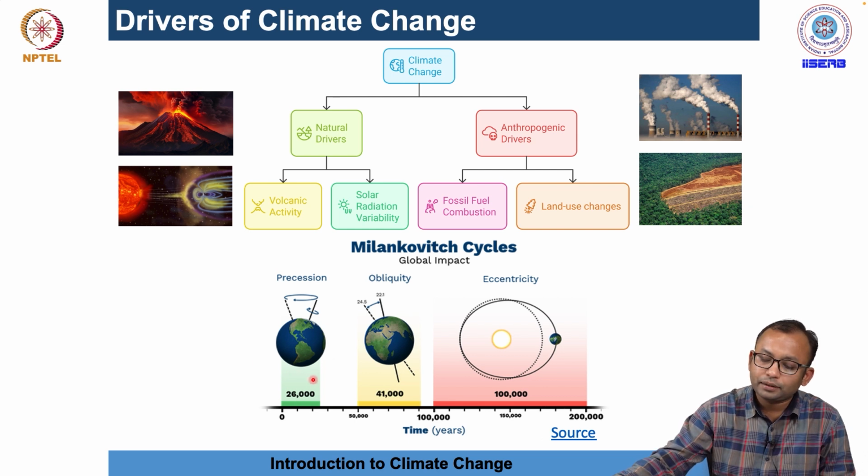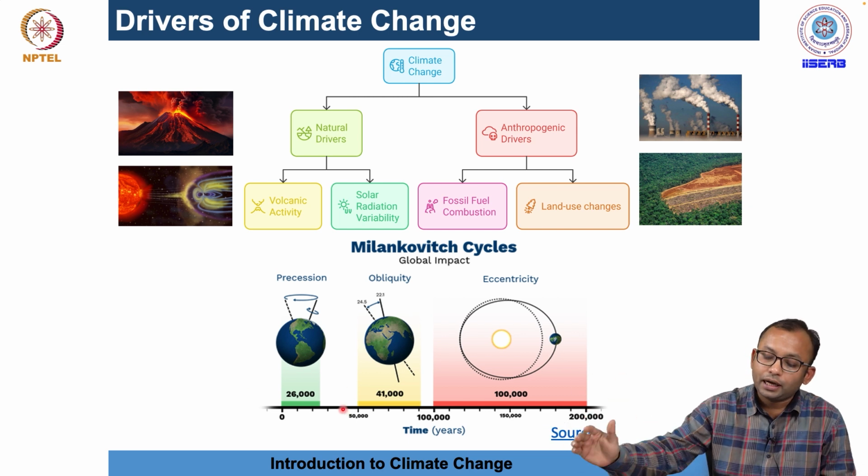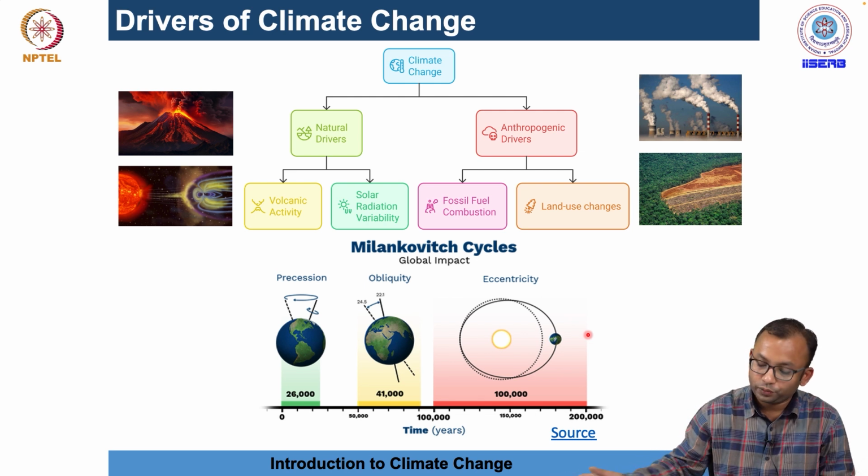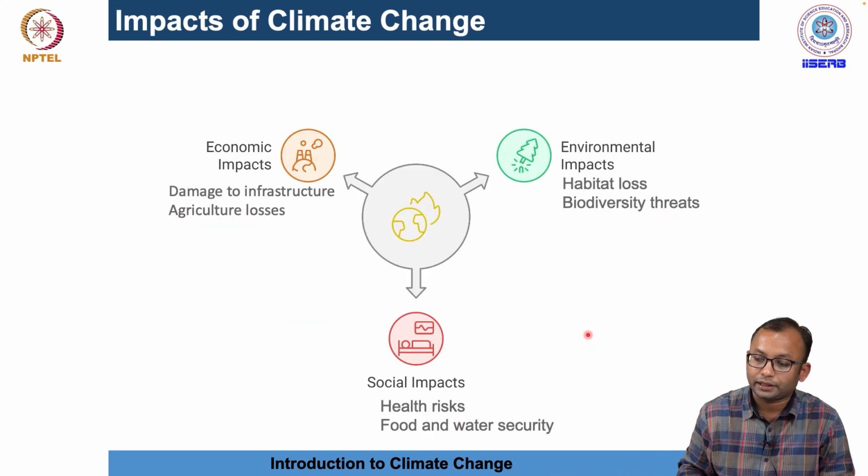These properties have certain frequencies, for example 26,000, 41,000 and 1 lakh years. Each 26,000 years there is a change in the precession, at 41,000 years a change in the obliquity, the angle, and there is also a change in the eccentricity at 1 lakh year frequencies.